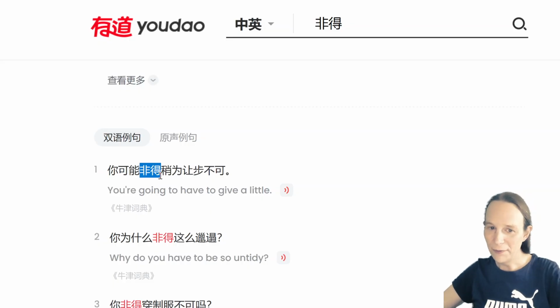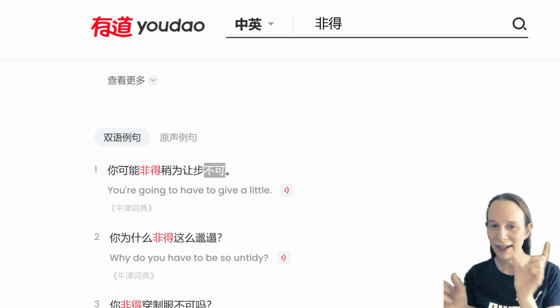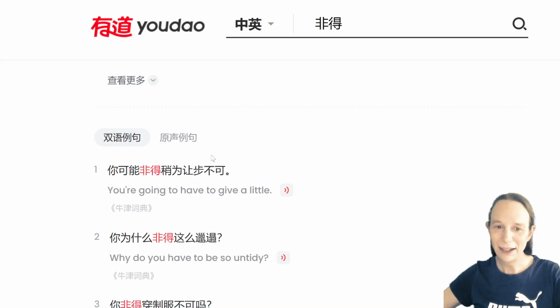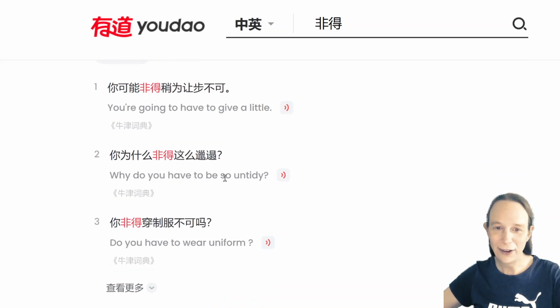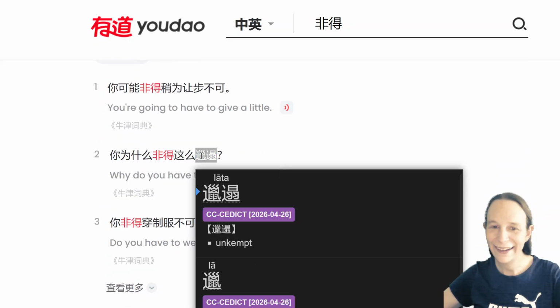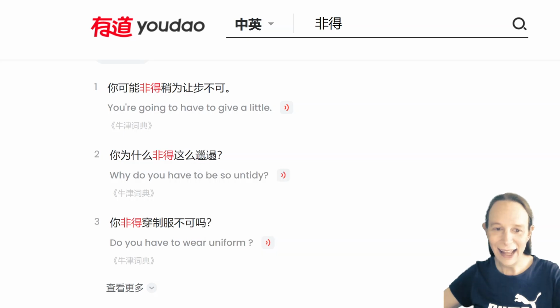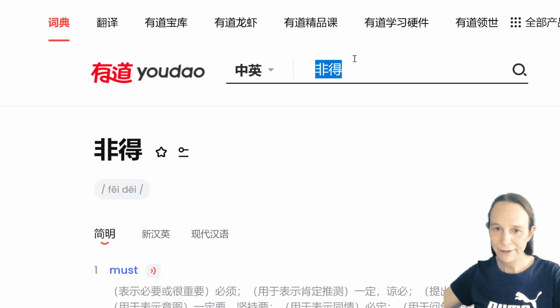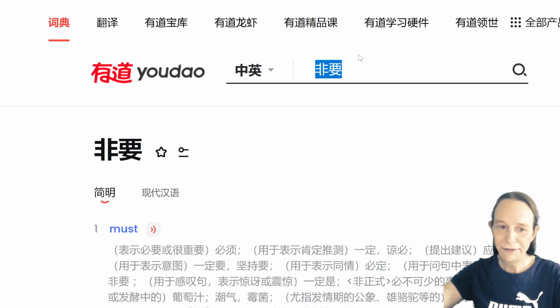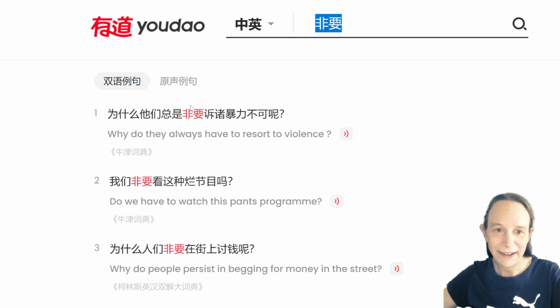So yeah, you must do this, and the 不可 at the end is kind of part of the grammar structure. You can just omit it though. So like 非得这么邋遢. Why must you be so 邋遢? 邋遢, unkempt. Okay. 你非得穿制服不可吗? Must you wear uniform? Yeah. 非得, 非要. 非要 also 不可, right?